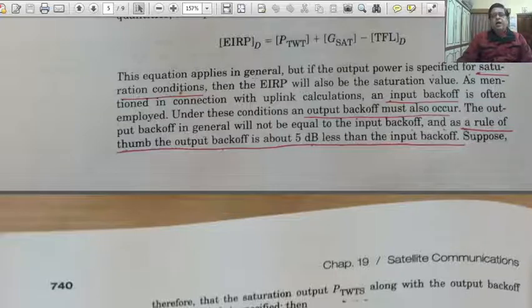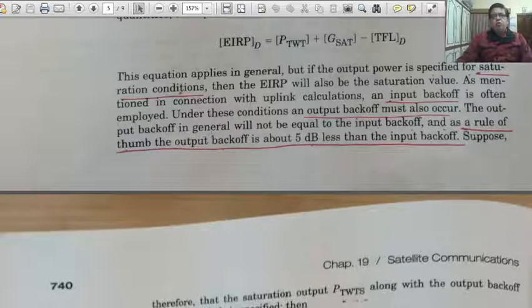This equation applies in general, but if the output power is specified for saturation conditions, then the EIRP will also be the saturation value, as mentioned in connection with uplink calculations, and input backoff is often employed. Under these conditions, an output backoff must also occur.